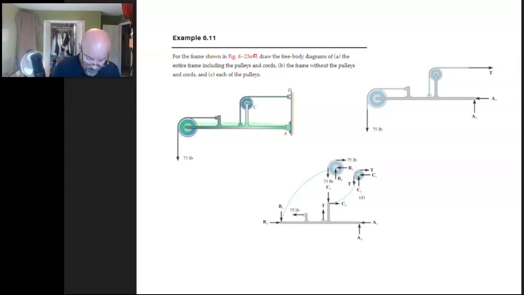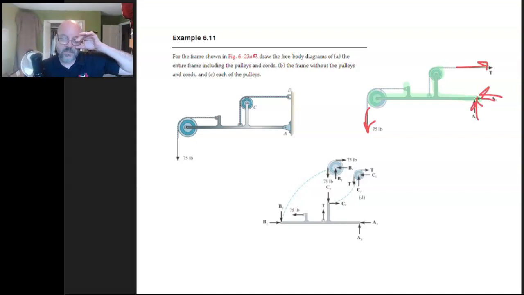There's a pulley, there's a mount, and a pulley. If I just think about that all by itself, then you can see we're going to have these external forces acting on that object, an external force and some reaction forces there.